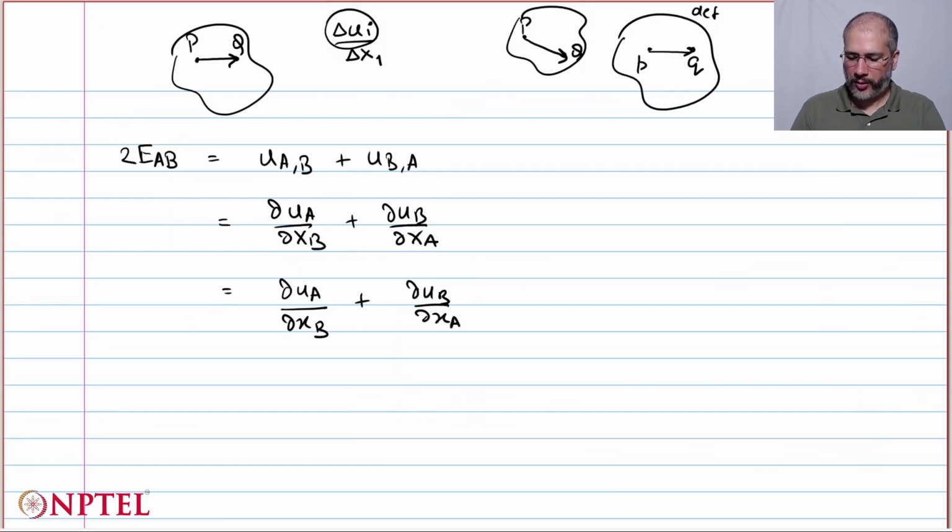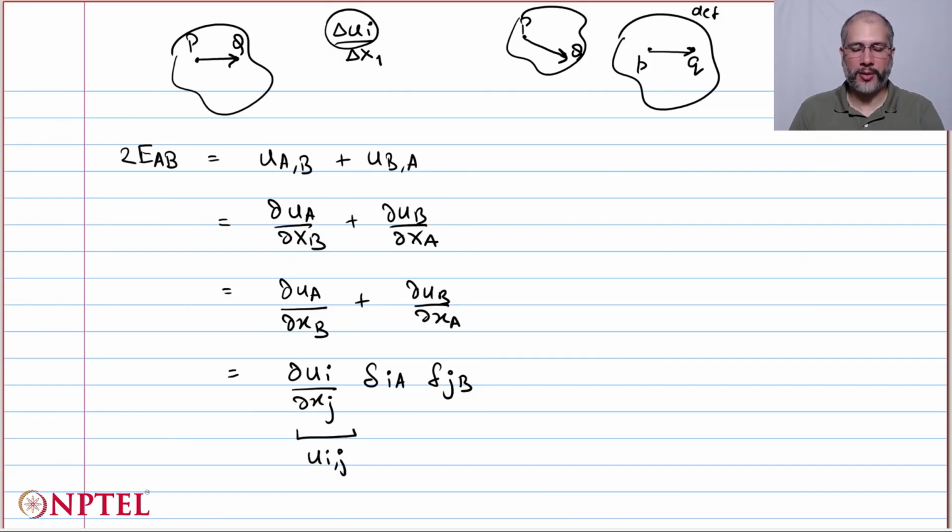Now you see that I cannot use this notation a comma b now because that only corresponds to this situation. But now I have a small x with a capital index, which is completely allowed because an index can only take values 1, 2, and 3. So I have to write it in the complete expanded form. Or what I can do is write this as del u_i by del x_j multiplied by delta_ia and delta_jb, because then this can be written as u_i,j without any confusion.